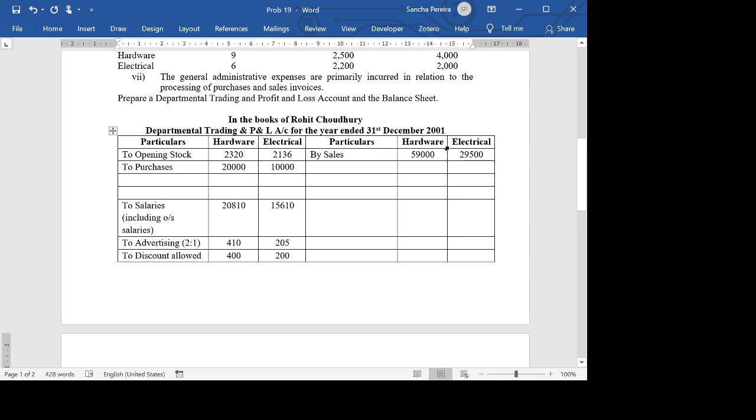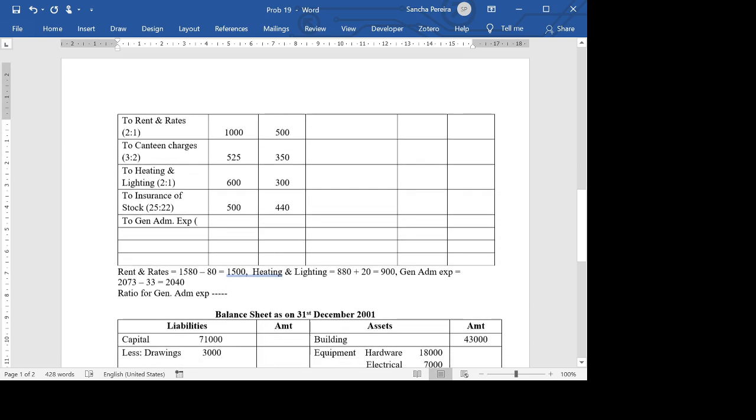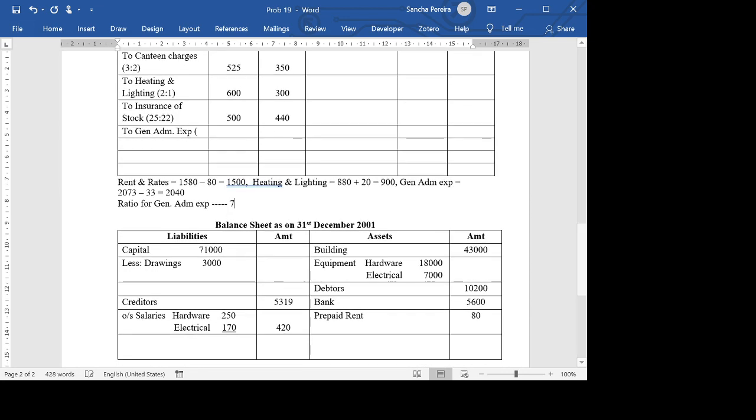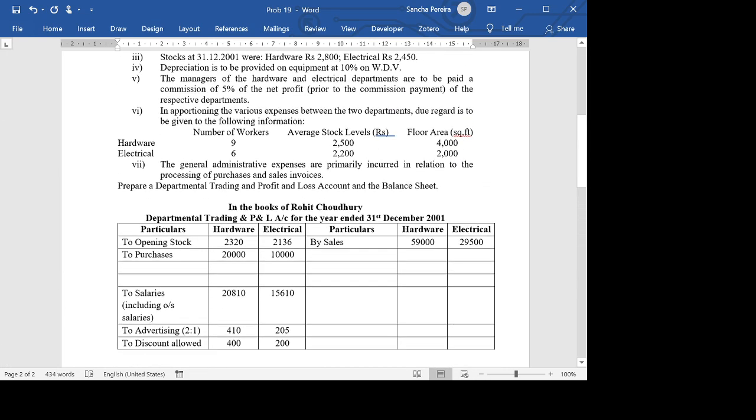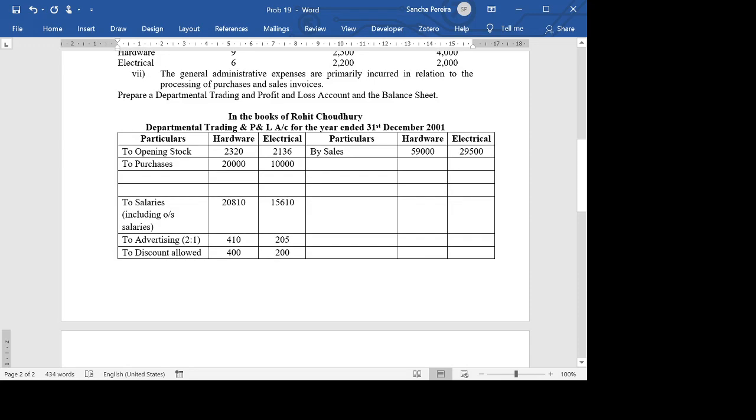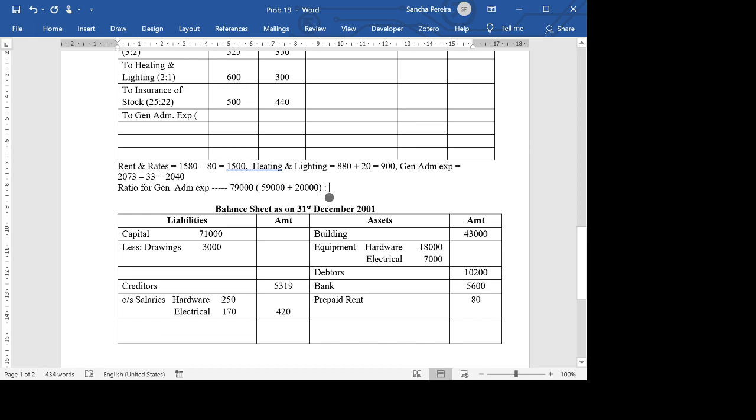Okay, so if you check here, the total purchases and sales of hardware will be 59 plus 20, which will be 79,000. How did I get this amount? 59,000 plus 20,000 is 79,000. Here it is 29,500 plus 10,000, which will be 39,500.